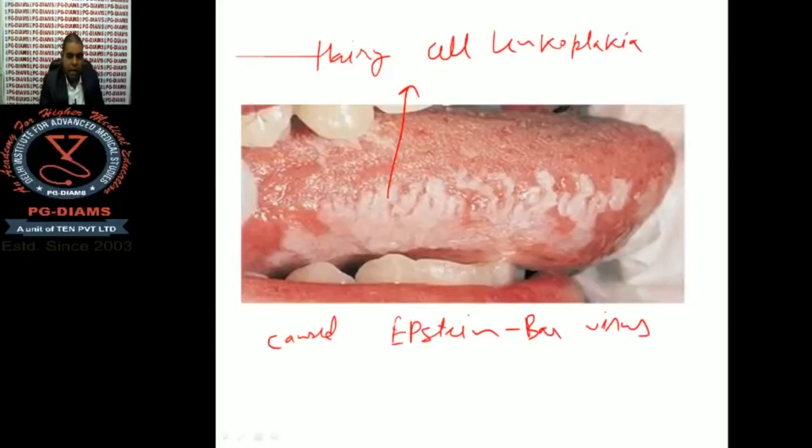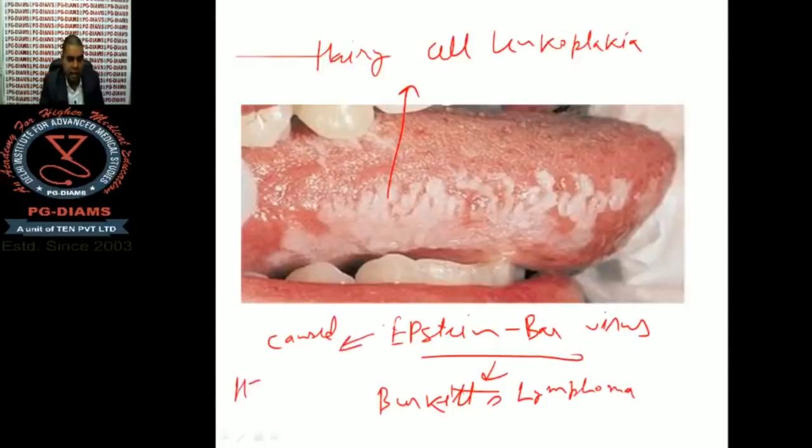Okay, and Epstein-Barr virus causes one more thing, that is Burkitt's lymphoma. Epstein-Barr virus also generally affects immunocompromised HIV patients and other immunocompromised patients, and hairy cell leukoplakia will look like this.